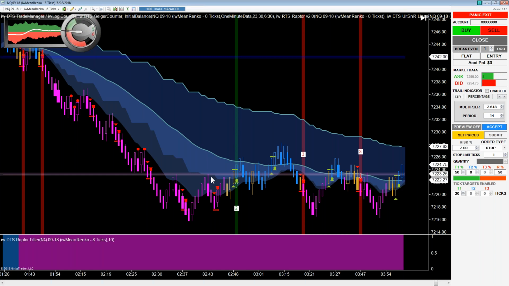If in your using of the Raptor you find something interesting about the soft edge, I would very much like to hear about it. But so far, I haven't discovered anything significant about the soft edge, except the fact that it points out market direction.